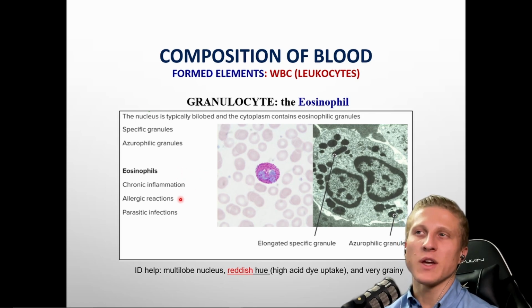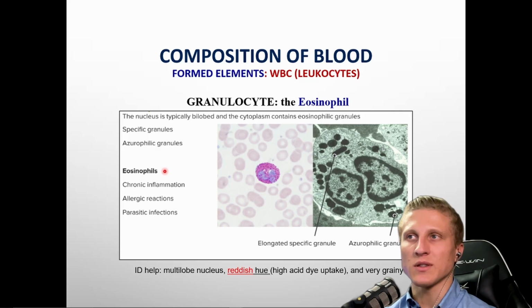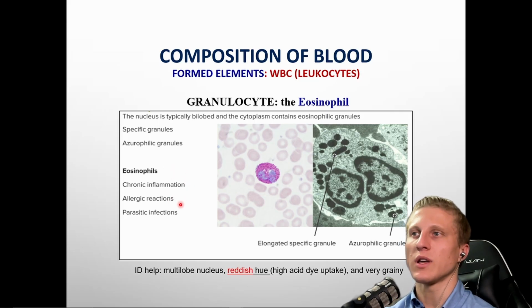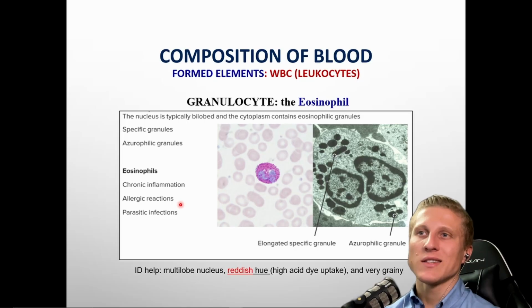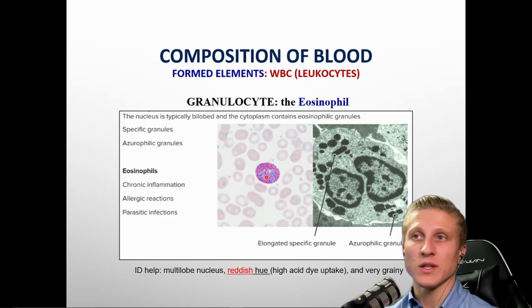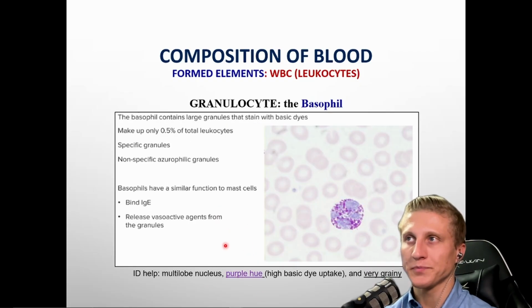And in chronic inflammation, oftentimes this is going to be in conjunction with autoimmune conditions where we're dealing with sort of self-reactivity. Eosinophils can sometimes be implicated in those sorts of situations if an individual is dealing with chronic inflammation. Okay, but take-home message: they're good at fighting parasitic infections, and they're going to be granulocytes, so they're going to have these little granules, and they're going to have a reddish hue to them.